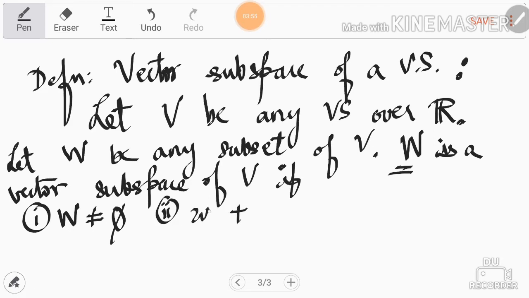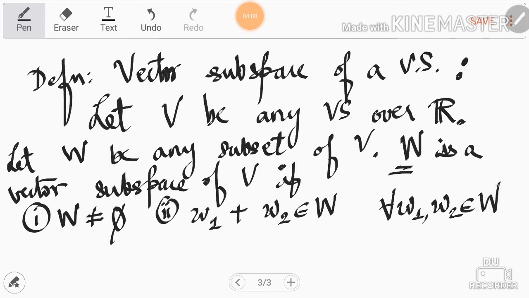It would simply mean that whenever you take 2 vectors from W, their sum should belong to W. And this should happen for any 2 vectors from W. So remember, we want our W to be a vector space lying inside the bigger vector space that is V. So this W should satisfy the first property of the vector space. That was the closure property.